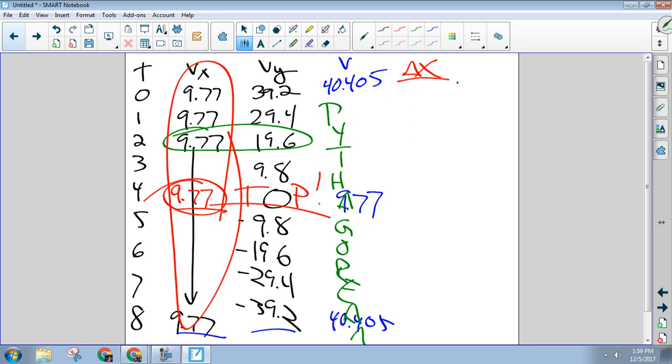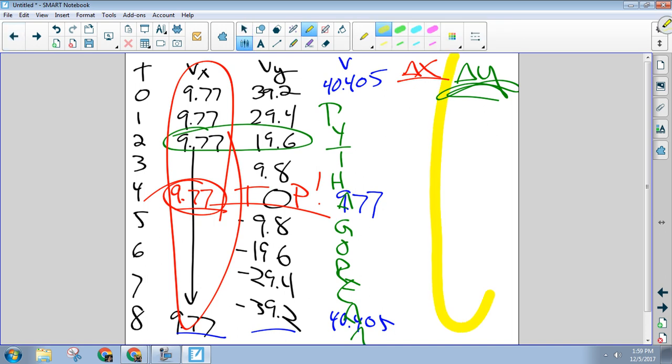And then finally, the delta y column is the one I'm guessing messed the most people up. Yes? Okay. So in order to find out information about the delta y column, you only use information from the vy column. In other words, it's the vertical velocity that determines the vertical displacement. Okay? Does that make sense?